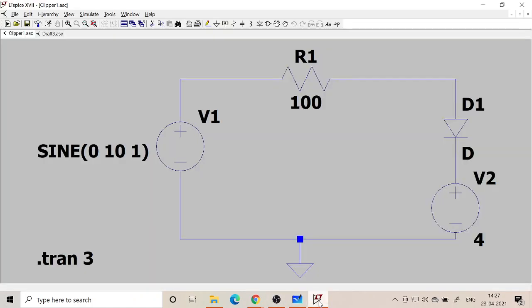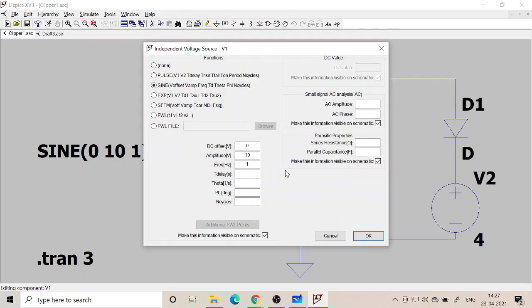Let me see if triangular wave is available. Pulse is there, so you can have square wave, exponential.